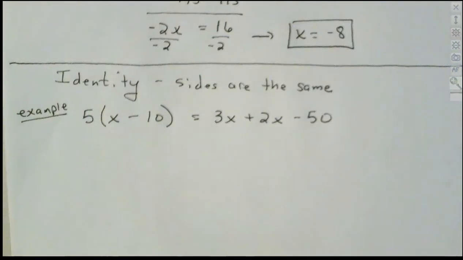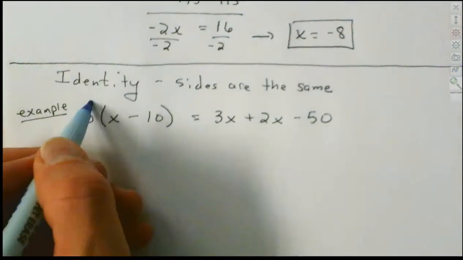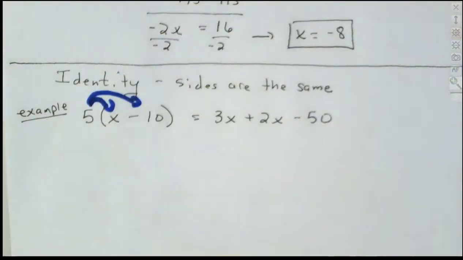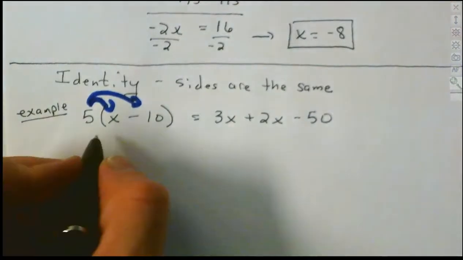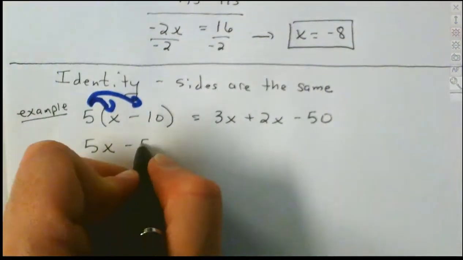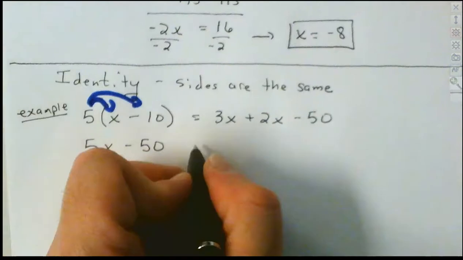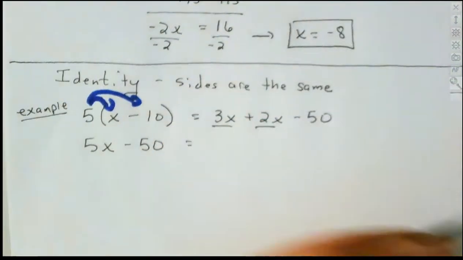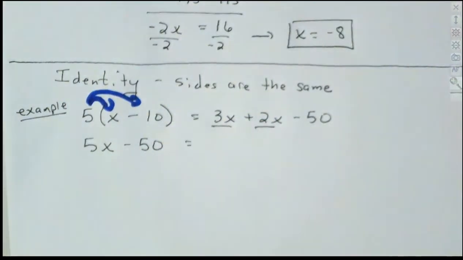Now, it doesn't look like they're the same right now, but once we start distributing and working with it, you'll see that they are. So we're going to go ahead now and distribute that 5 through. And so distributing that 5 through, well, that would give you now a 5x and a minus 50. So the left side is done. When we look at the right side, those can go together because they're the same.